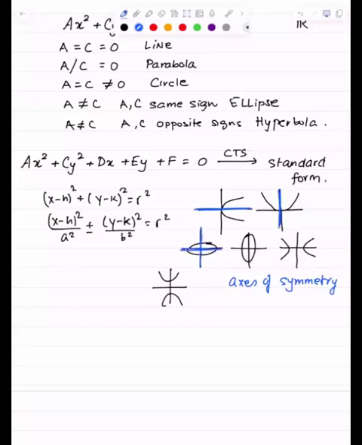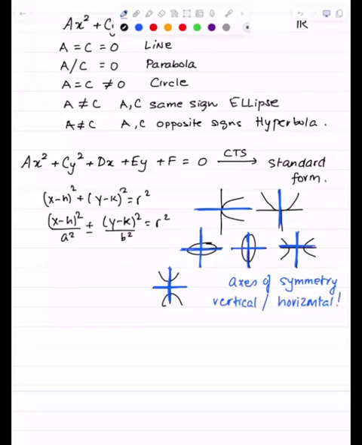These are the two axes of symmetry. All the axes of symmetry are vertical and or horizontal.